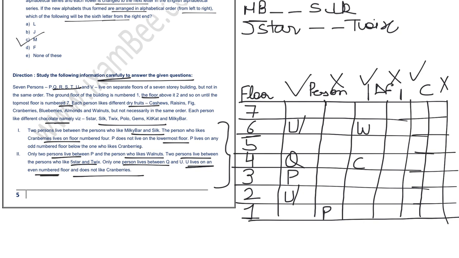If U lives at floor number 2, then also Q will live at floor number 4, and if U lives at floor number 6, then also Q lives on the fourth floor. So we are definite about it. Now we will read the next conditions given to you and will complete our table.